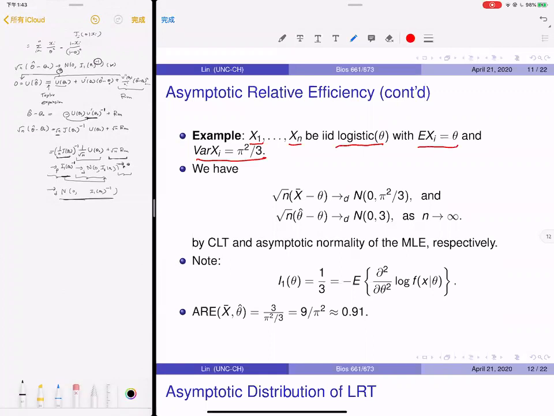And then for the first estimator, I'm using X bar right here. So that means this guy is based on what? Central limit theorem. Okay, based on the central limit theorem, this guy is the expected value of X1, and this guy is the variance of X1. So no wonder this guy is theta, this guy is pi squared divided by 3.